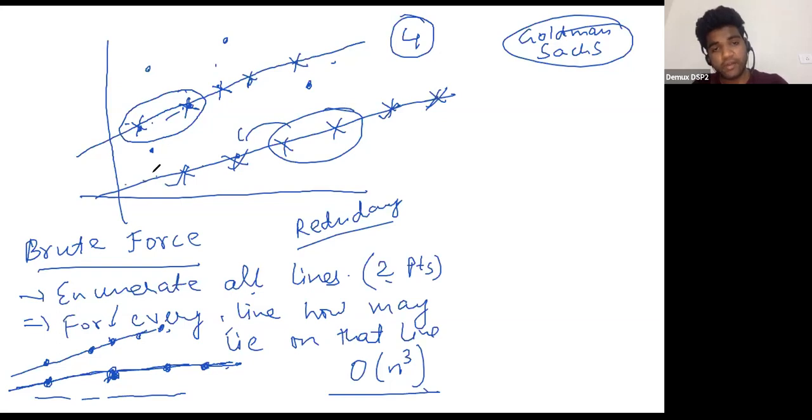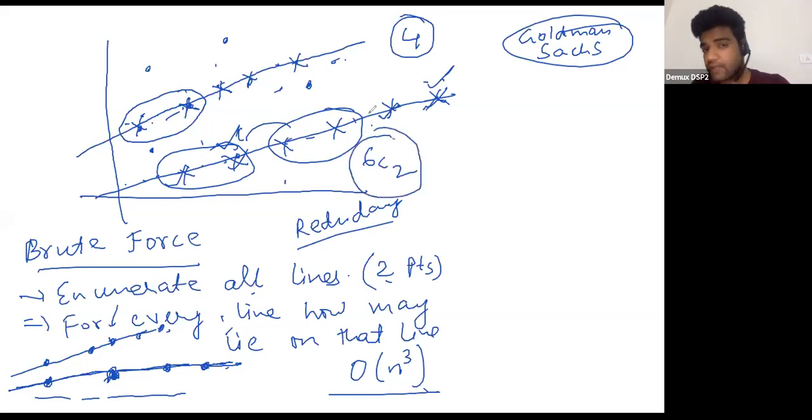Here you will be enumerating this line 6C2 times. For this pair, you will enumerate the line and check whether these points lie on it or not. Then again for this pair, and this one, you will enumerate a line and check the points. So you are doing the same work 6C2 times for this line, whereas you could have just done it once.